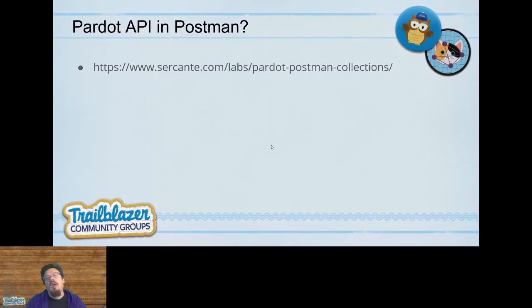And then I believe in the Salesforce Pardot docs, they've added a link to a collection in GitHub. So I think Salesforce is maintaining their own version of the collection as well. But I haven't seen or used that yet.